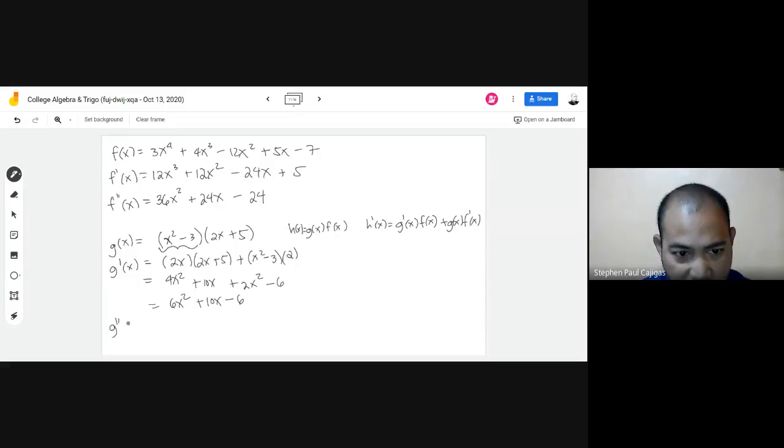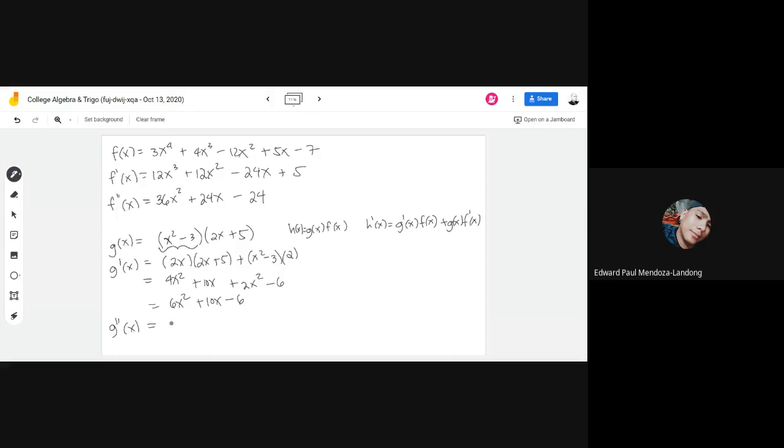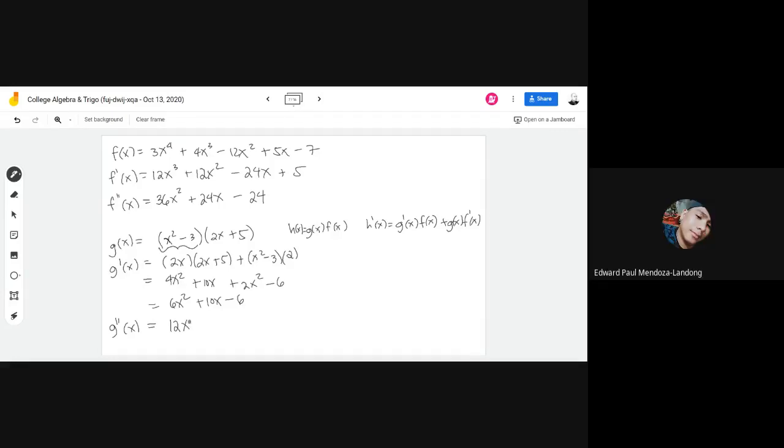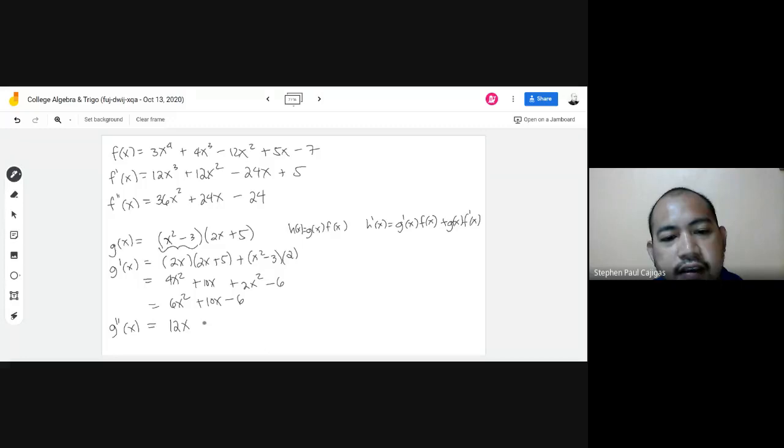If we find the second derivative, the derivative of 6x squared is 12x. The derivative of 10x is 10. The derivative of the constant minus 6 becomes 0.